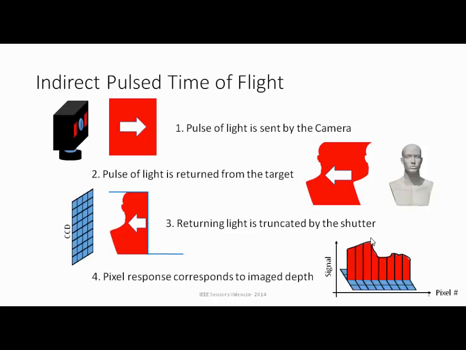And that way, if we rotate our imager, we can have every pixel integrate an amount of signal which is proportional to the depth that the pulse of light traveled. And that is the base of pulse time-of-flight imaging. I'm going to focus more on the device in my talk, so I won't go into all the details from the algorithm point of view.